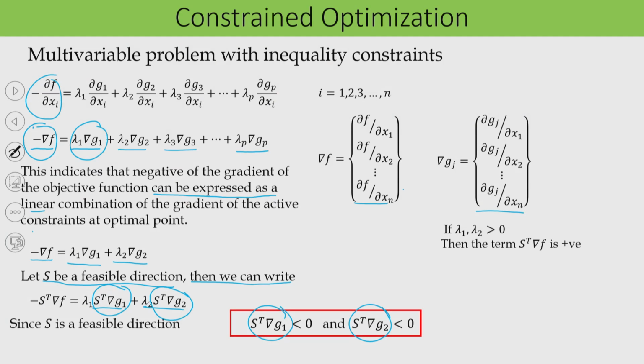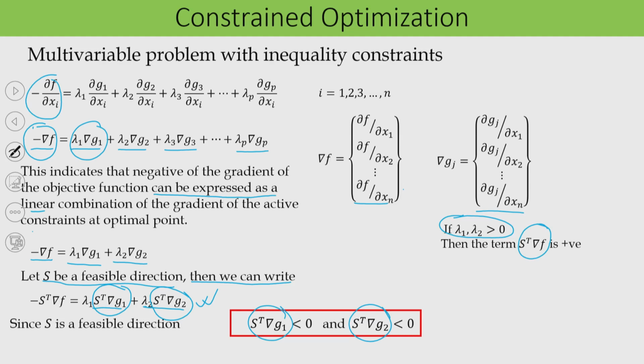Now, if we look at this particular equation, if lambda 1 and lambda 2 are both positive, greater than 0, then what will happen? Then S transpose del f will be positive.